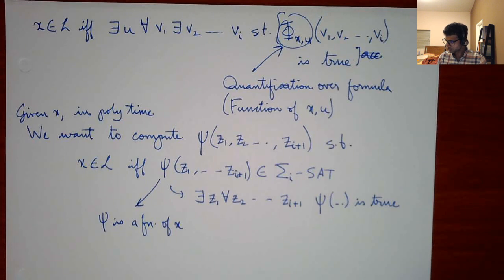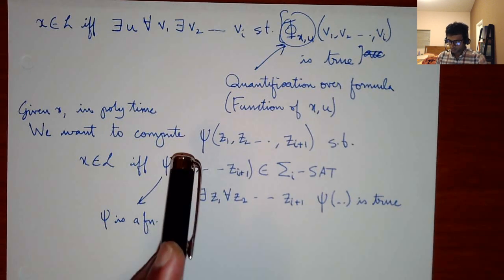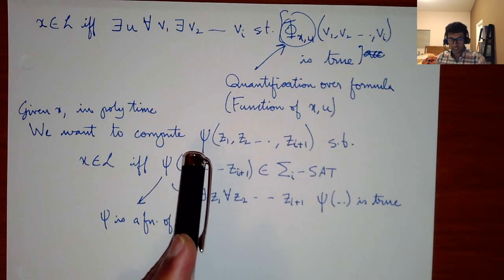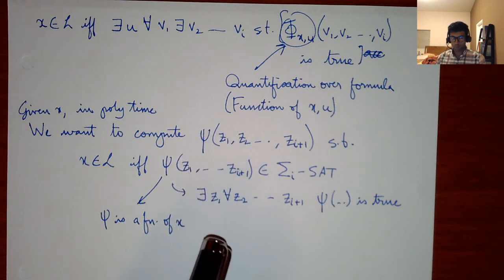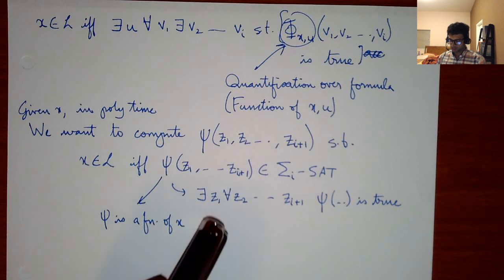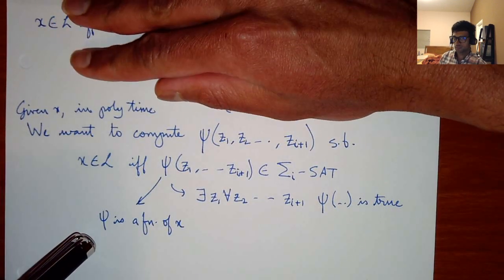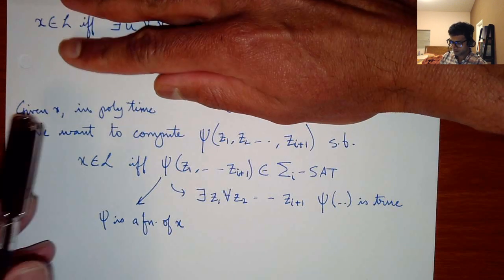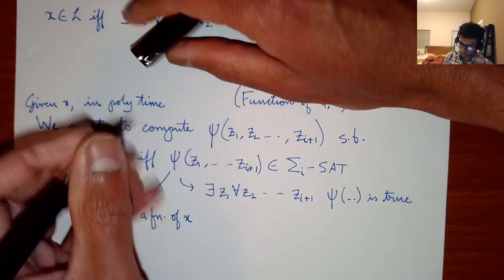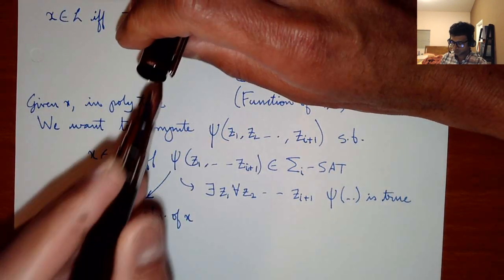I'm still feeling a bit confused about the relationship here between phi and psi. So psi is something that we want to compute. We're still trying to figure out how. Okay, so suppose you could do this. Ignore all of this. Suppose given L, we could compute in poly time a psi such that this is true.